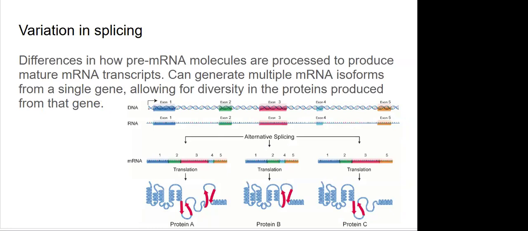And another way that we can have differences is, well, many times when we talk about going from RNA to mRNA, we say, okay, and I'll quiz you on this real quick: which ones get spliced out and which ones stay in? The introns get spliced out, the exons stay in.